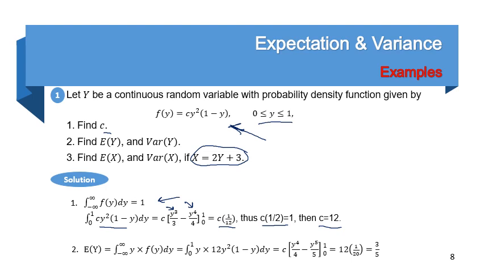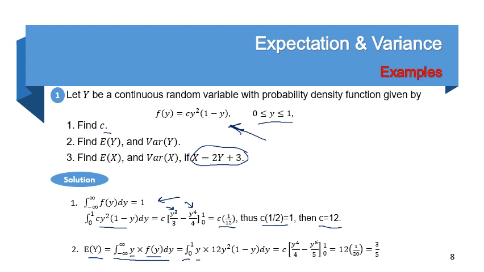Second requirement, we need to calculate the expected value and variance. So let's concentrate on how we calculate the expectation again. In order to calculate the expectation of y, you need to calculate the integration over the whole range of y, whatever it is, of y multiplied by the density of y, dy. So here my range is 0 to 1, as you see over the integration.